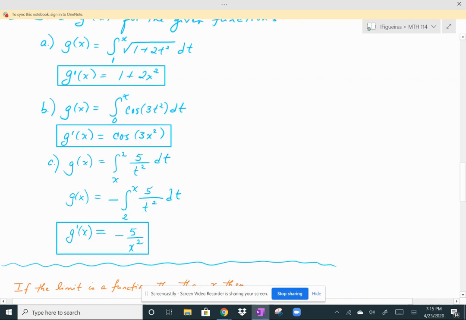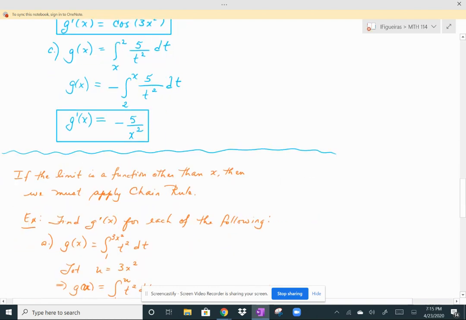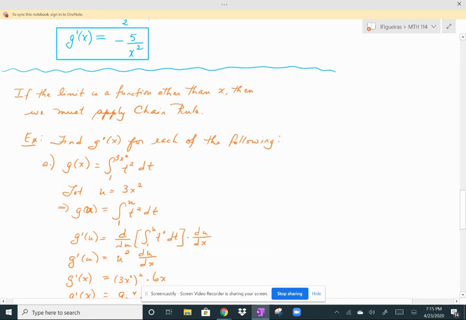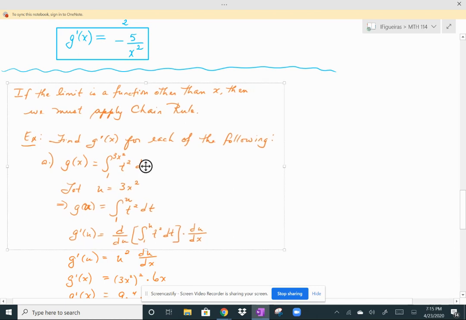Okay, but sometimes these problems are not as easy as the three we just did. In some cases, your limit is a value other than x. It could be a function that's a little bit more complex than x. And when that occurs, then we have to actually use the chain rule when we take the derivative of the integral. All right, so let's see how that works.